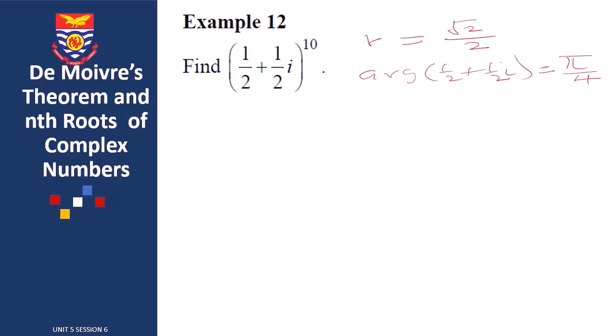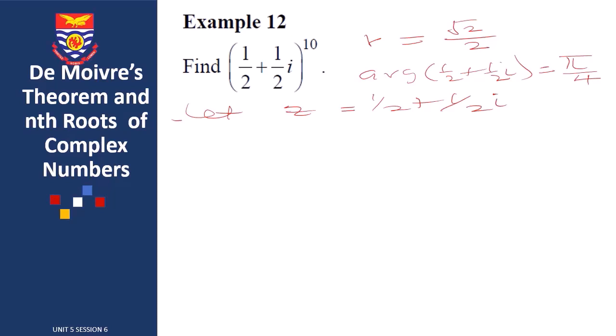Therefore, you have to represent this in polar coordinates first. Let z equal 1/2 plus 1/2 i, and then we can go ahead and solve for z, and after that we can do the rest.